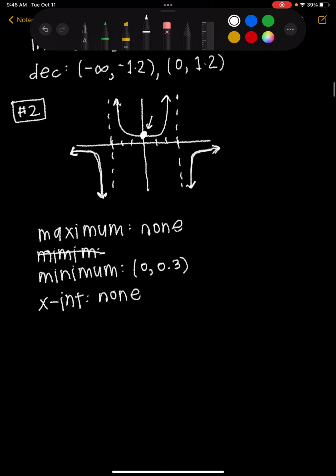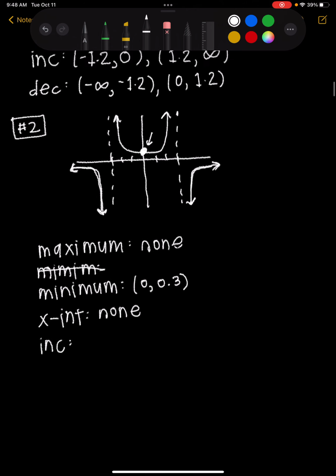All right, now let's talk about increasing and decreasing. So where it's increasing, we're thinking about positive slopes. So it's increasing in this chunk right here, that's all an increase. And then it's also increasing right here. And so what we're going to do is the same thing, we're going to find the x values of that.